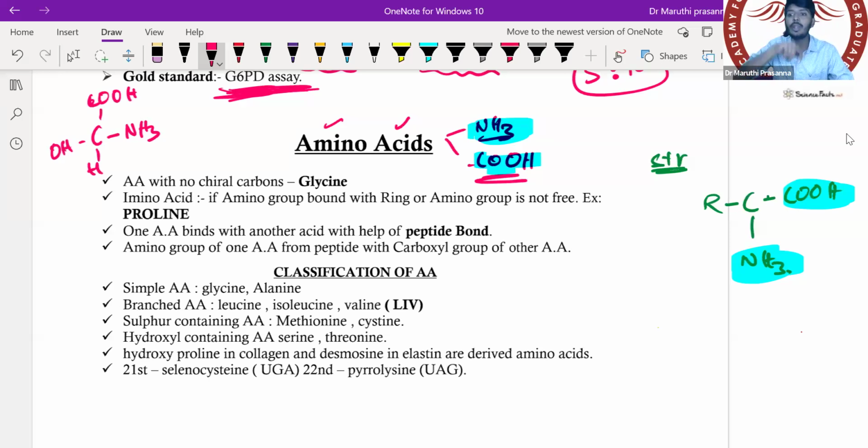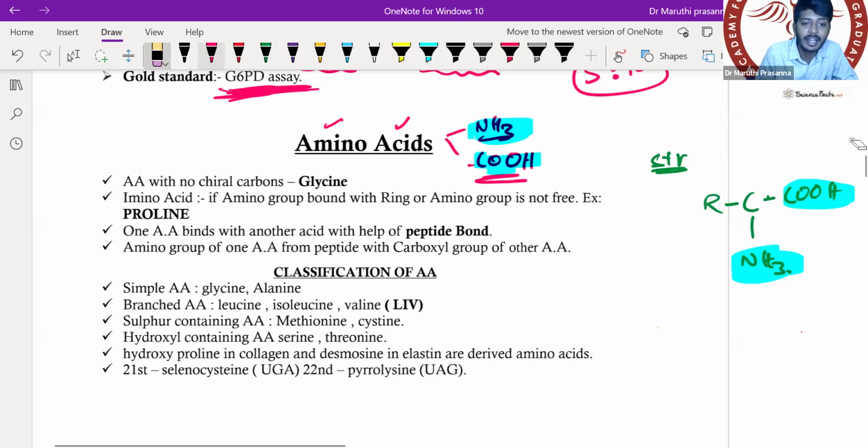It is bound to 4 different groups. Any carbon atom which is binding to 4 different groups, we will call it a chiral carbon. Any amino acid can have a chiral carbon, except the amino acid with no chiral carbon, which is glycine. That is why it is called the simplest amino acid.